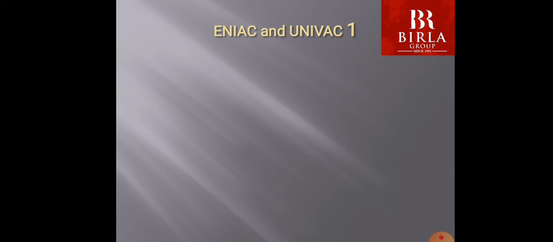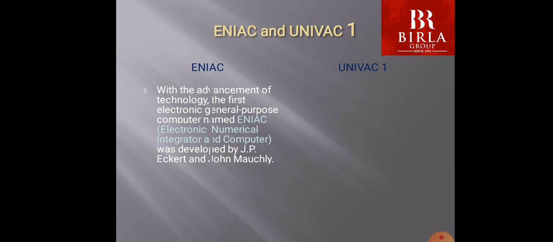Now, ENIAC and UNIVAC 1. First, we're going to study ENIAC, then UNIVAC. With the advancement of technology, the first electronic general purpose computer, named ENIAC, Electronic Numerical Integrator and Computer, was developed by J.P. Eckert and John Mauchly.